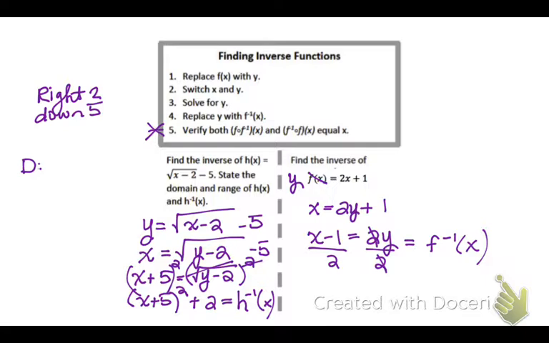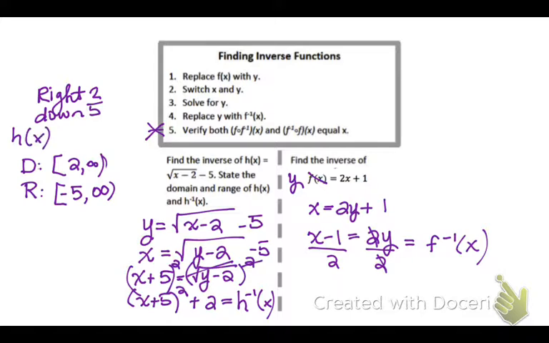So the domain is no longer at 0, it's now going to be at 2, and it's going to go to infinity. The range is no longer at 0, it's been shifted down to -5. I just wrote my infinity symbol like it was an 8. So that's for the original function.